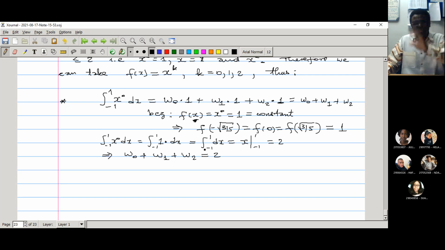I just rearranged, so it gives us this equation. Okay, similarly now, if you take k equal to 1, here k is equal to 0.